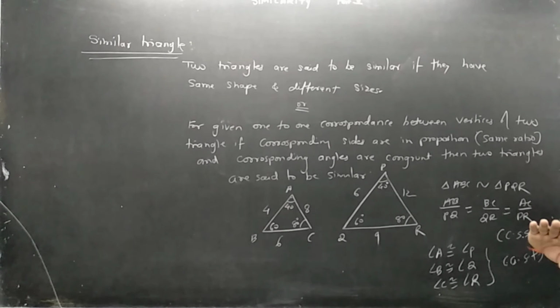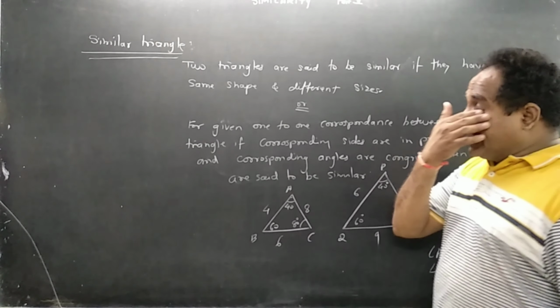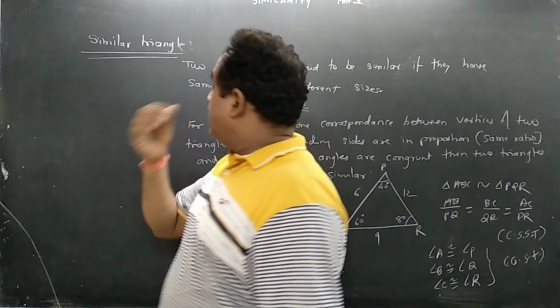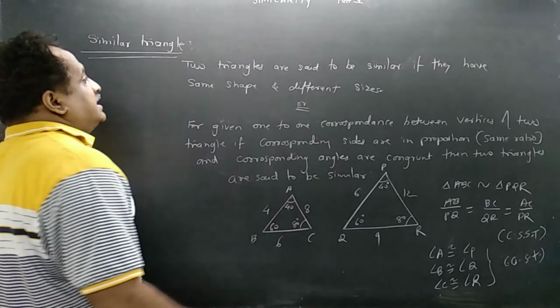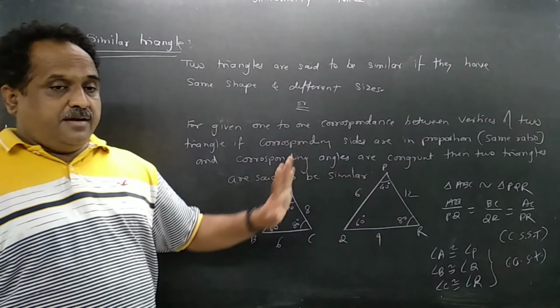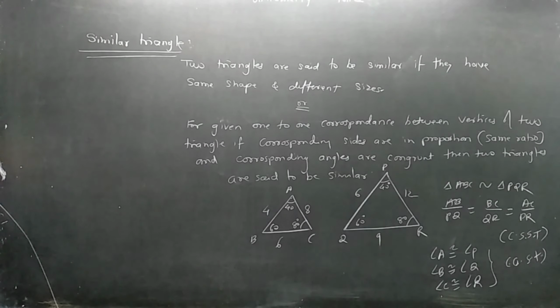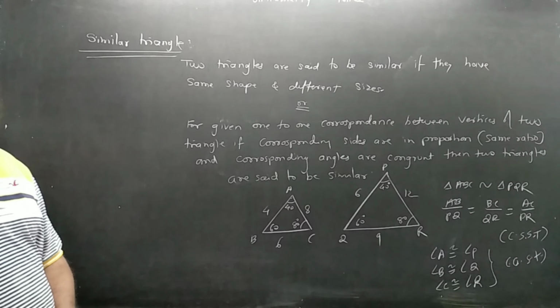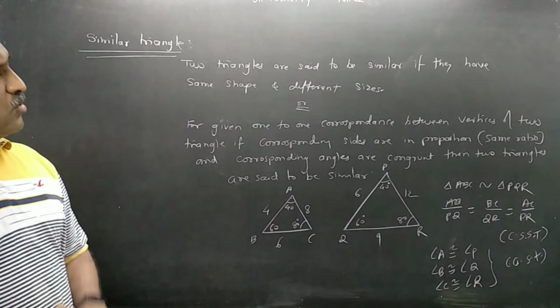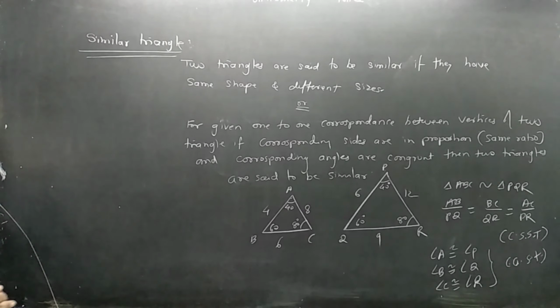Once again, similar triangles is what we call triangles whose shape is the same and sizes are different. Similar figures are also called this way: two triangles are said to be similar if they have same shape and different sizes.